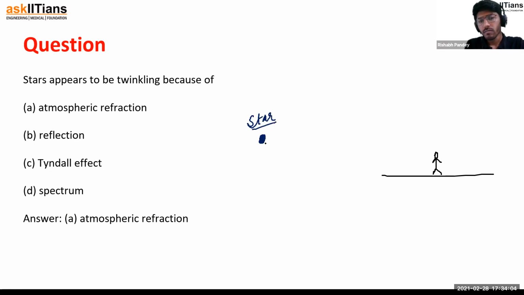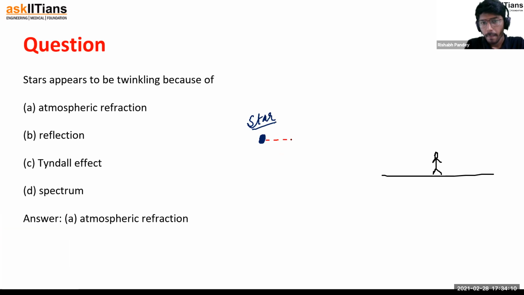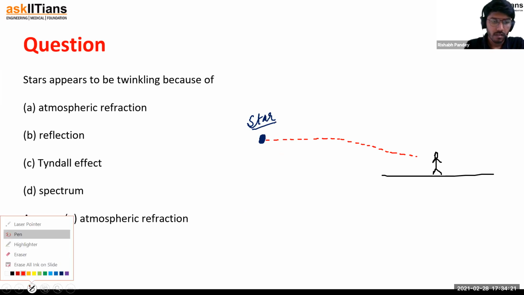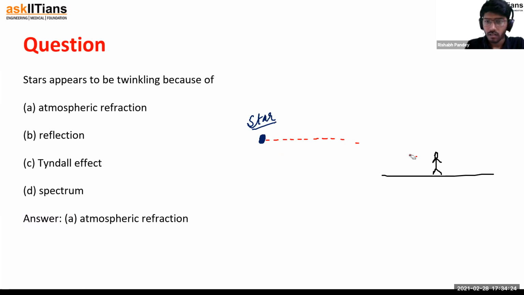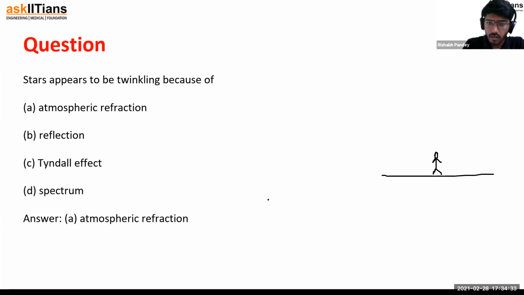Now, this ray of light coming, and then getting deviated, and being perceived by our eyes. And so we believe that the star is basically in a straight path over here.